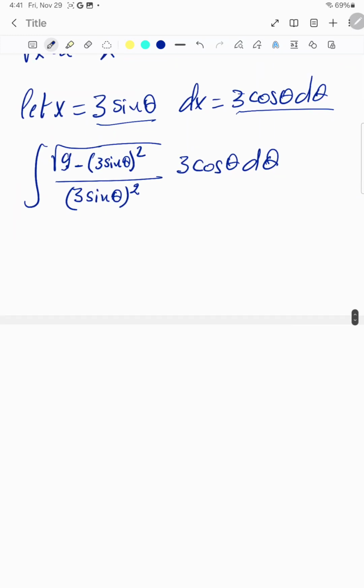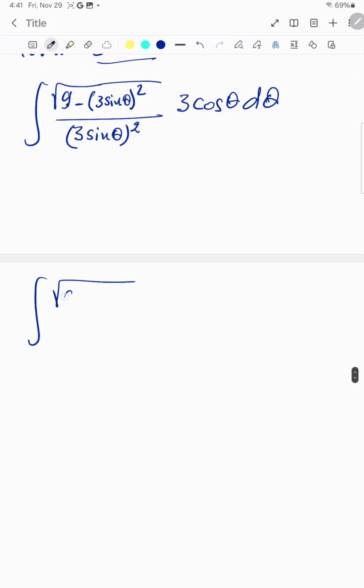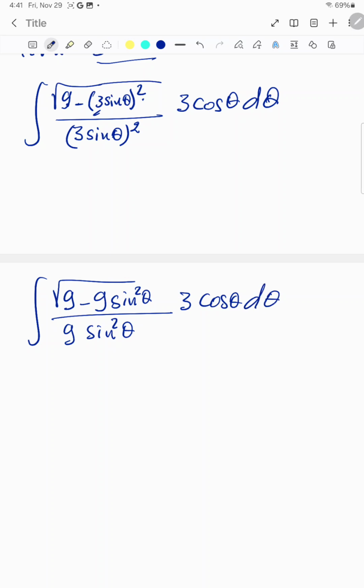So let's work my integral a little bit. My integral becomes square root of 9 minus 9 sine squared of theta, divided by 9 sine squared of theta, multiplied by 3 cosine theta d theta.